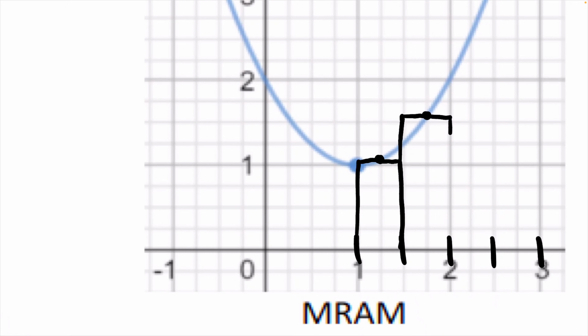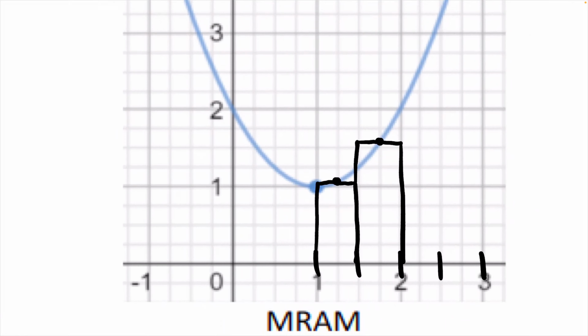Next rectangle is 2.25, so that's going to go up to about 2.5. I'm going to make a dot.